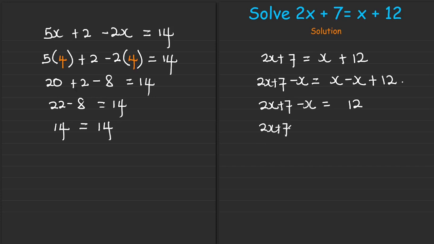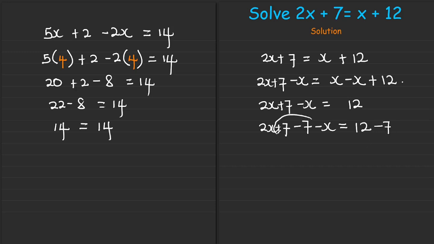Now for this, we also need to take away this positive 7, and since it is positive 7, we can only remove it by subtracting 7. So minus 7, we have the right hand side. Since we have taken away 7 from the left hand side, we need to do the same to the right hand side so that the balance is maintained. So minus 7.